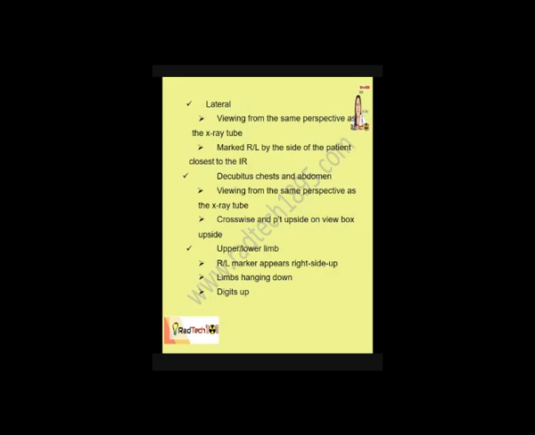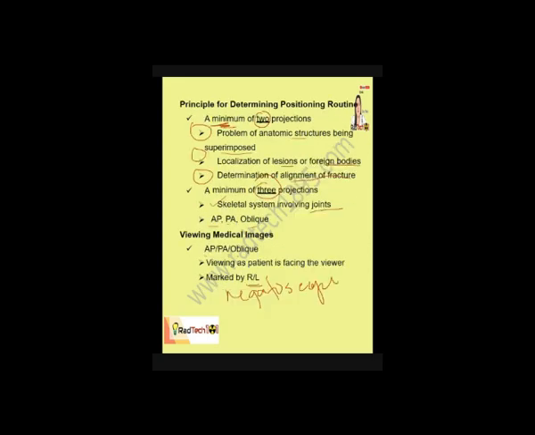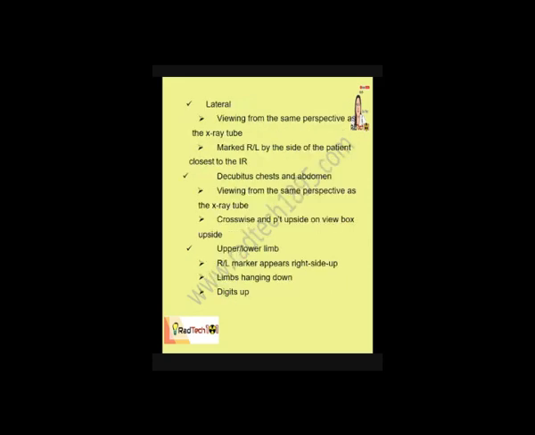Kapag nakalateral naman, so bale eto, kapag yung radiograph is AP, PA or oblique, nilalagay natin yung radiograph sa negatoscope as if we are facing the patient. Pag lateral naman, nilalagay natin ang ating radiograph sa negatoscope as if we are the X-ray tube.